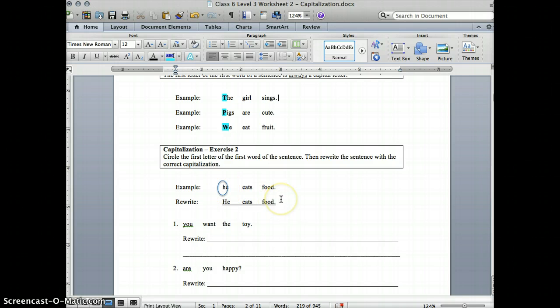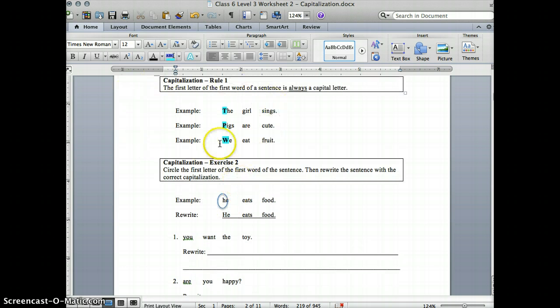And now when we go back and rewrite the sentence, we have to go and correct the capitalization. So over here, the H is not capitalized. That's actually a lowercase h. But that's incorrect because according to our first rule up here, we have to always capitalize the first letter of the first word of a sentence.